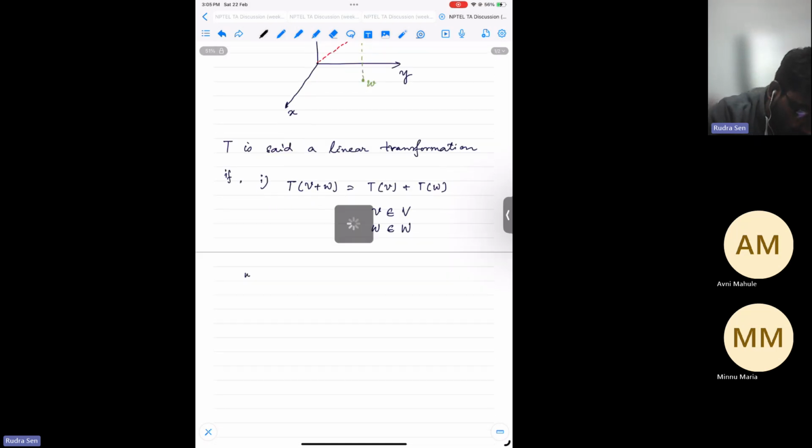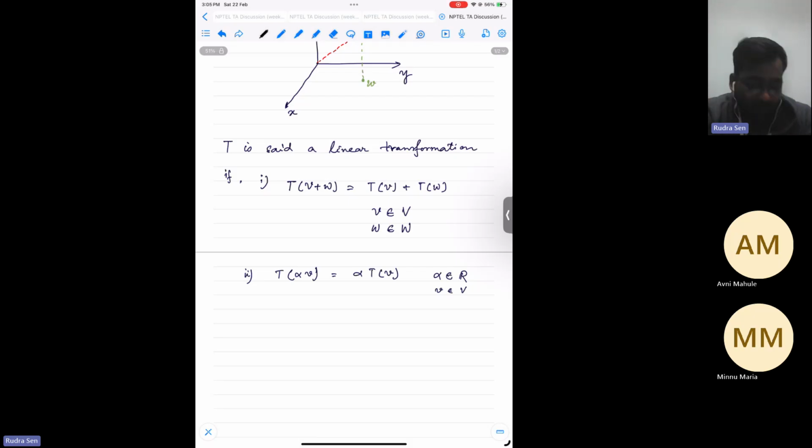The next property is T of alpha v is equal to alpha times T of v, where alpha belongs to the real numbers and small v belongs to capital V. Basically, if we do the transformation of a scaled vector, it is the same as first doing the transformation of the vector and then scaling it.